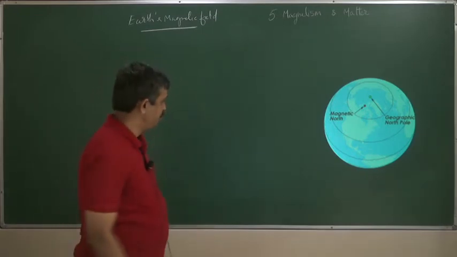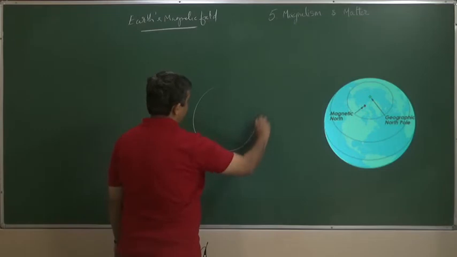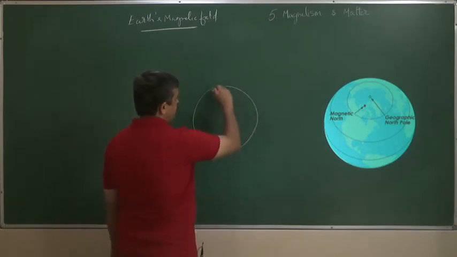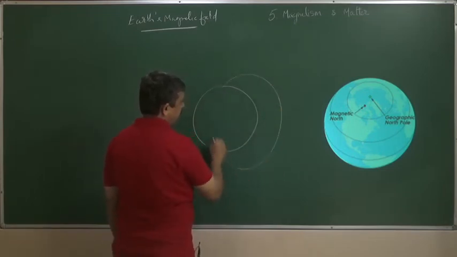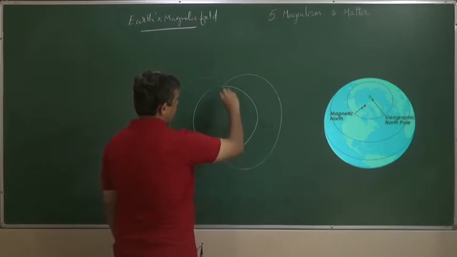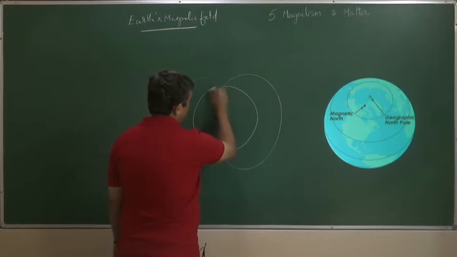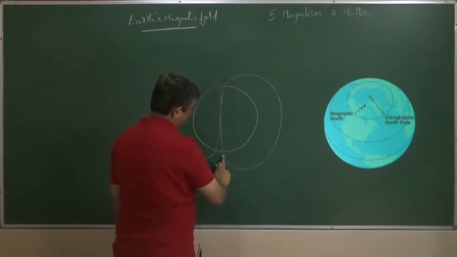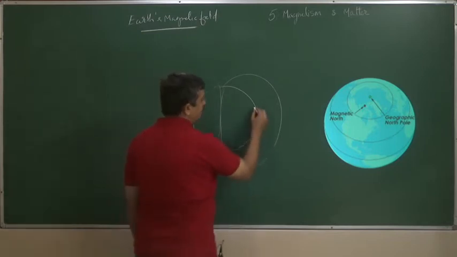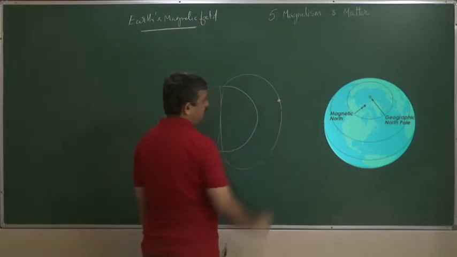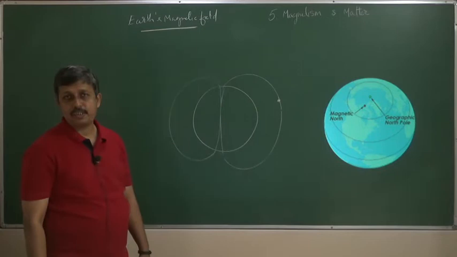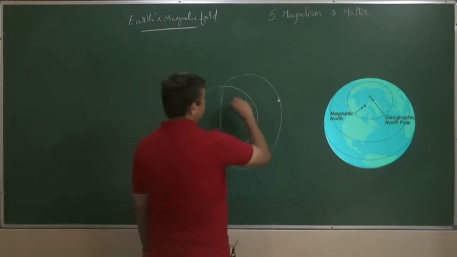So suppose this is my Earth, and there is a magnetic field like this. At any point on the surface of the Earth, let us say here somewhere, if you stand and want to measure the magnetic field, it will be seen in this direction.